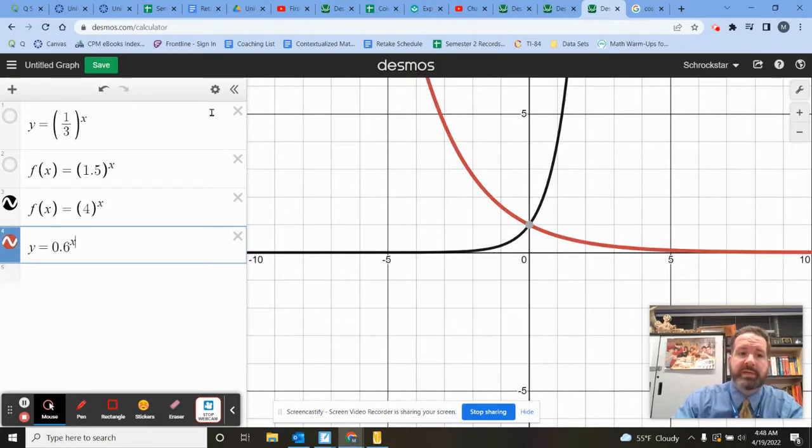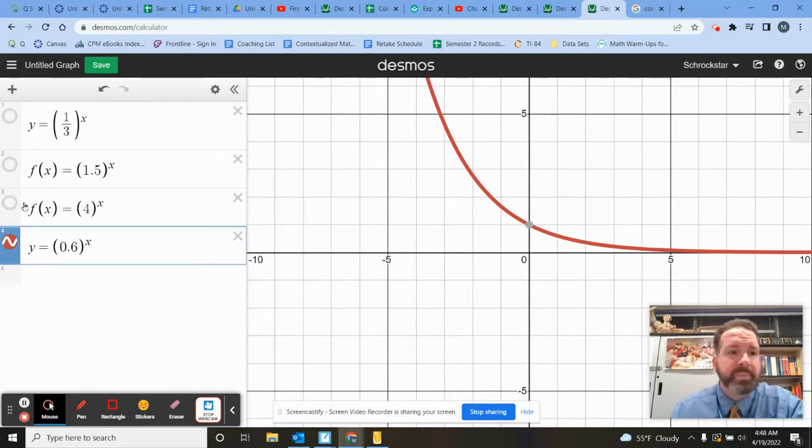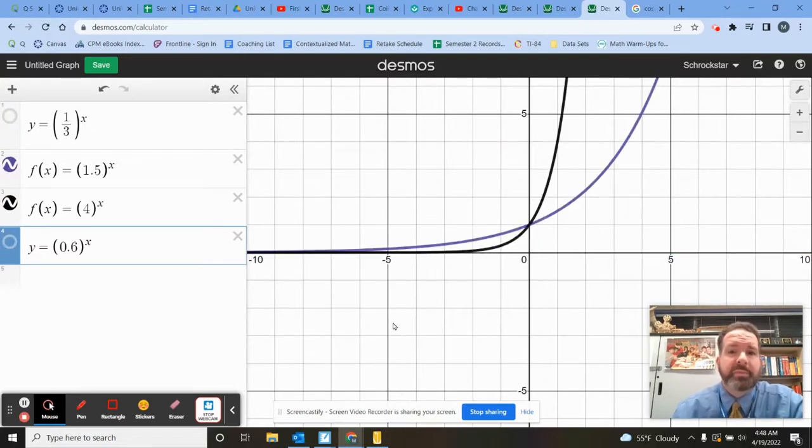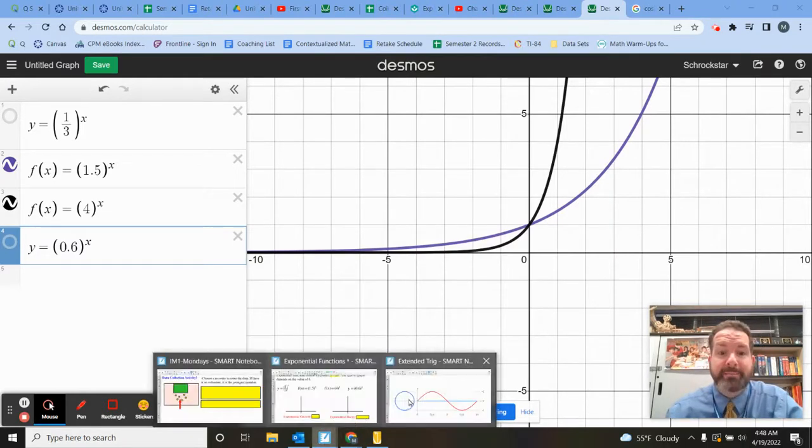Again, going to put some parentheses in just so I remember to do that each time. And this is another one of those that tends to go down. So it starts high and then comes down and flattens out. So these two follow that pattern, starting high and then coming down and going flat. These other two follow the other direction. They start low and flat and then grow high as you move to the right.